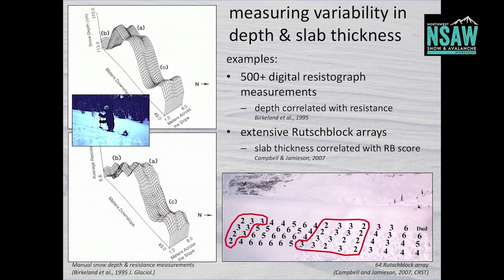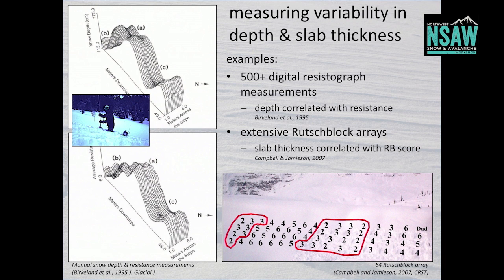And he found that the total snow depth was correlated with the snow resistance, resistance being an index of snow strength. Cam Campbell, back in about 2005, dug extensive rutschblock arrays, and he tallied up how much snow he moved. It was a ridiculous amount of work, but in this graphic in the lower right, each of those numbers represents a single rutschblock score across a slope, and you can see the variability in that index of stability, where some areas are quite strong, 5s and 6s, and there's a couple of pockets that are 2s and 3s on the same slope.